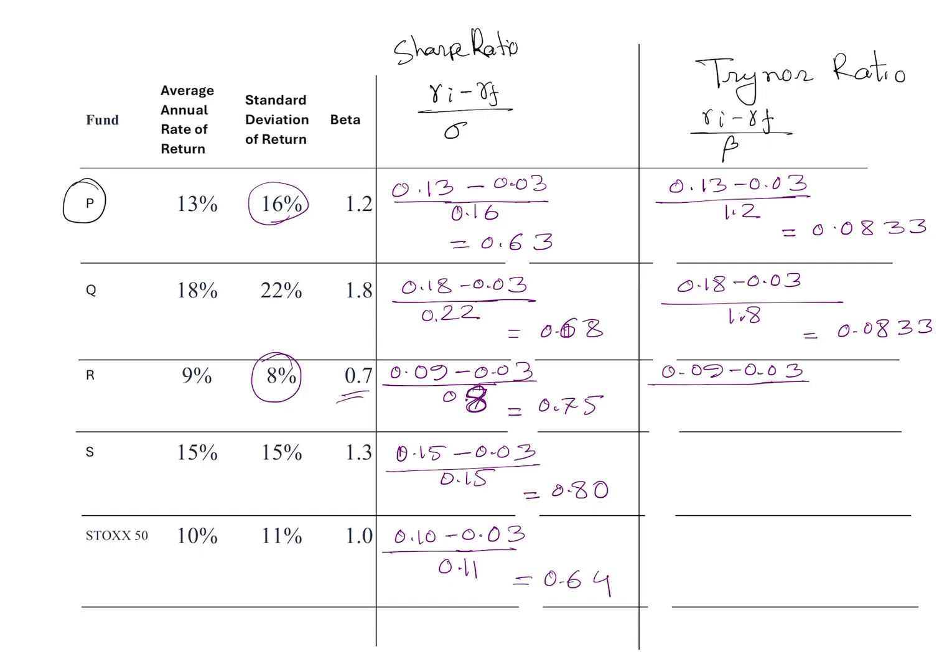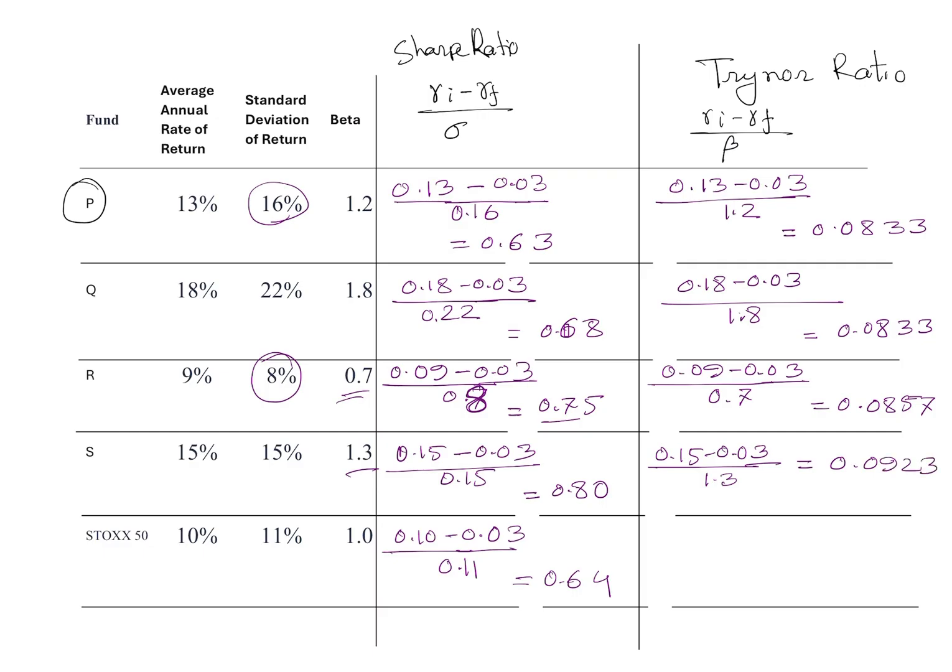This is 0.8 and this will give us 0.0857. Then 0.15 minus 0.03 divided by 1.3 will give us 0.0923.